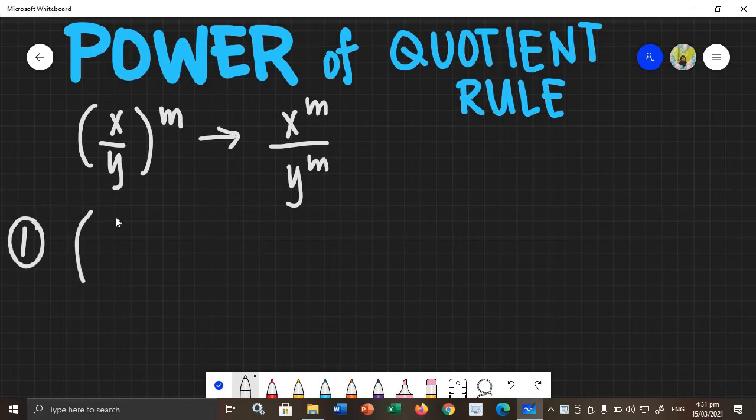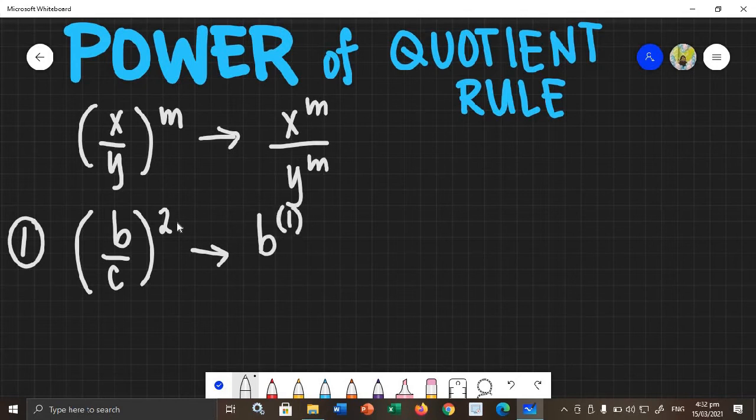So let's say we have BC and then it is raised to the 2nd power. Okay? So sabi, i-multiply daw yung exponent outside the parentheses to the exponents inside the parentheses. So si B, technically may exponent yan, which is 1.